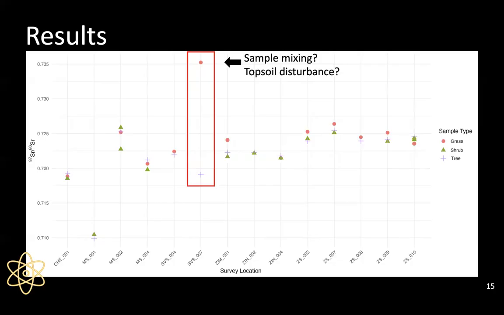First, this sample includes grasses from two survey locations that were very close together and visually overlap on the map. The second is that there may be disturbances to the topsoil causing these results that aren't immediately visible, like influence from the alluvial sediments from the Save River.